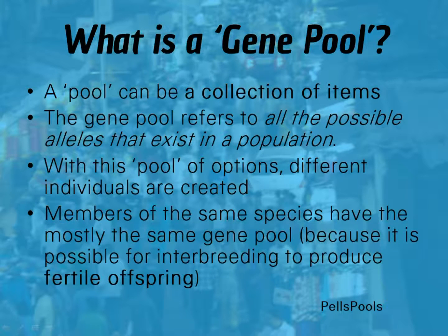So members of the same species will mostly have the same gene pool because in a local area, over time, all of the genes will become mixed together and any member of the species can breed with any other. So generally, at least within a local area, every member of the same species will be part of the same gene pool.